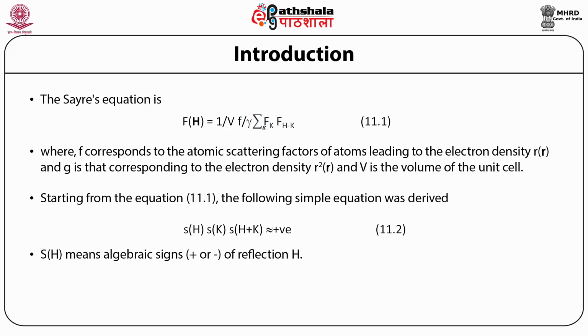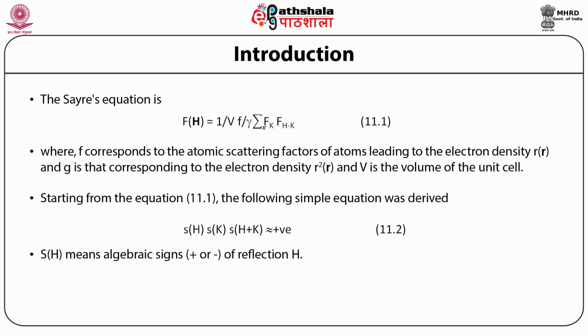phase 0 or pi. As we have seen from the beginning, the ultimate problem, the bottleneck in crystallography, is that Bragg diffraction gives the intensities, from which you have to take the square root and get the amplitude of the Bragg reflection.